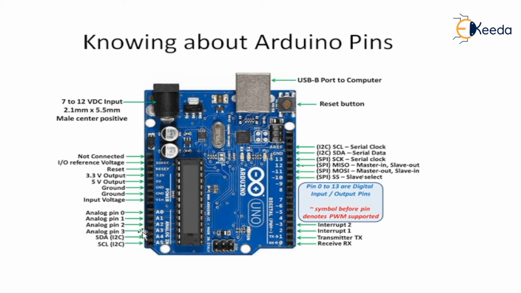So total 6 pins, which means total 6 channels are available with your single board. So you can connect 6 different analog sensors simultaneously to this particular board.